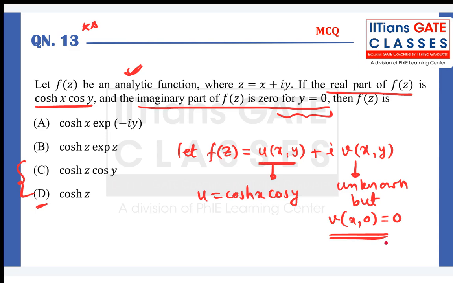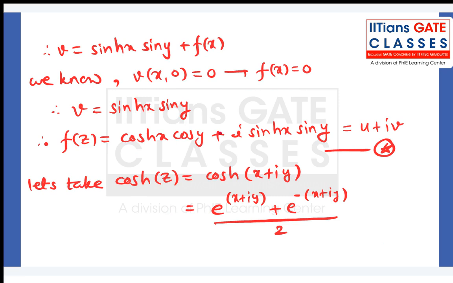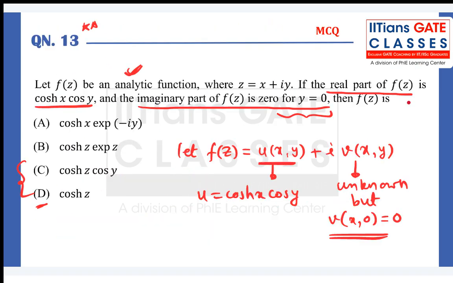But if you have some time to spare, and if you have attended my classes, you'll reach up to this step. But from here to deduce that it is cos hyperbolic z takes some smartness. Then you have to go to the elimination technique and eliminate the first 2-3 options.